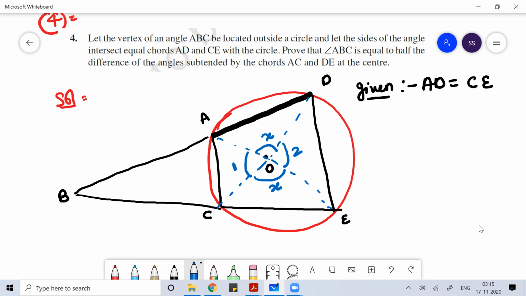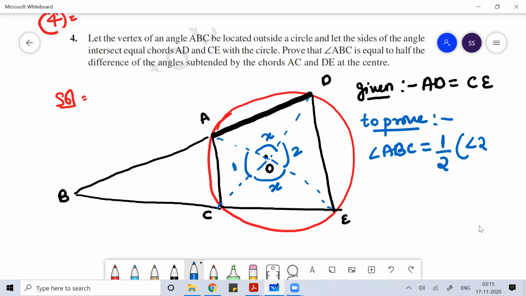Prove that the angle ABC. What do you have to prove? You have to prove that angle ABC is equal to half of the difference of the angles subtended by the chords AC and DE at the center.